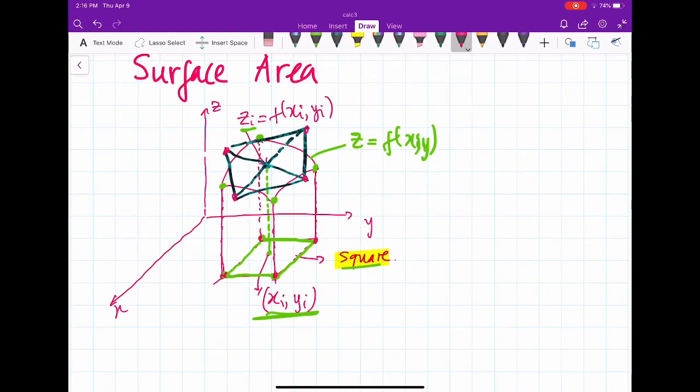Maybe the picture is not great, but look at this. If we consider the one-dimensional case, I want to find the arc length of this curve. We learned this problem in calculus too, right? So I may approximate the arc length using the distance between these 2 endpoints. Make sense?